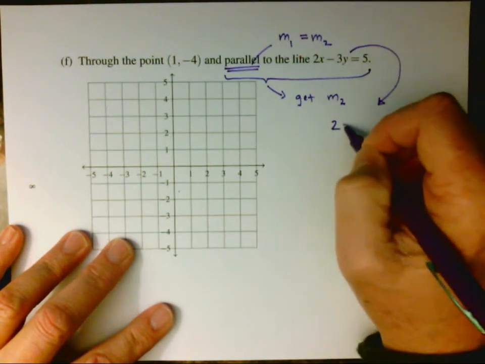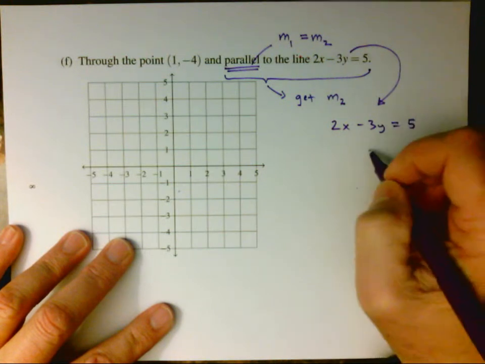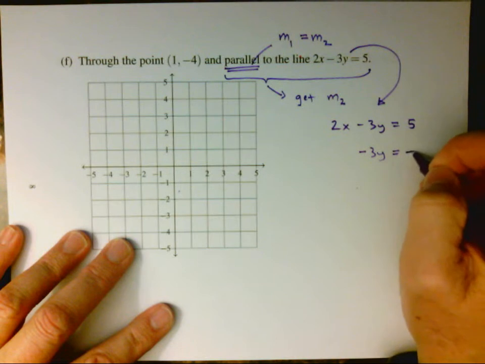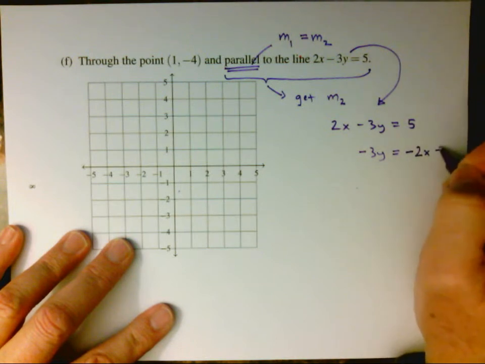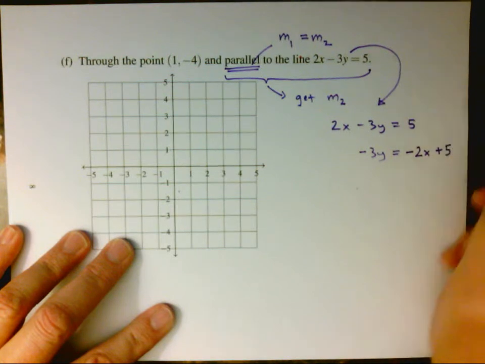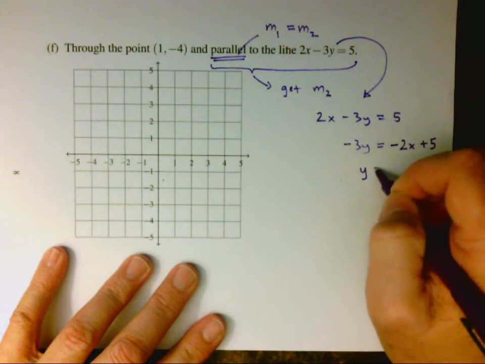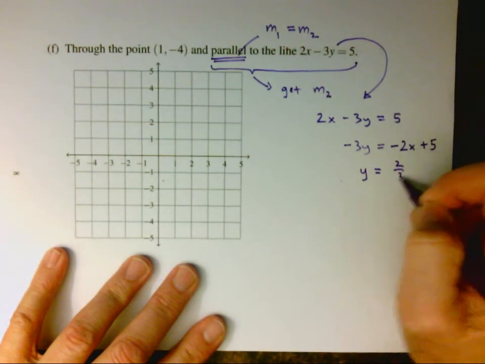So you start with what they give you, and then start turning it into slope-intercept form. I'm subtracting a 2x from both sides. And then I'll divide both sides by the negative 3. A negative 2 divided by negative 3 is 2/3.